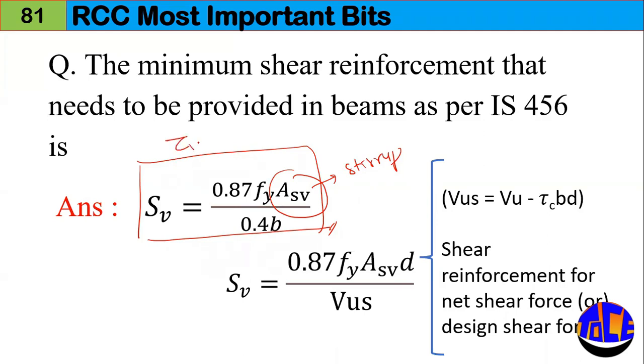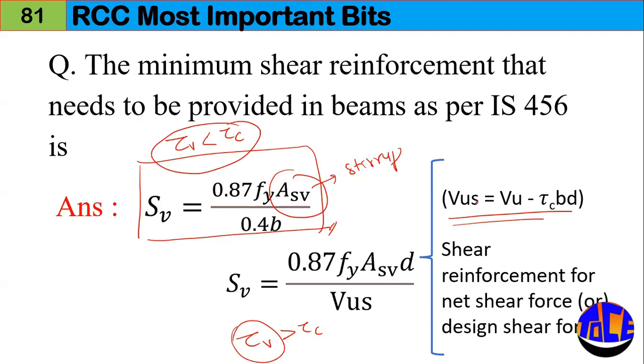Whenever your tau v is greater than tau c, for the excess force, that is calculated using this equation: VUS is equal to VU minus tau c into BD.